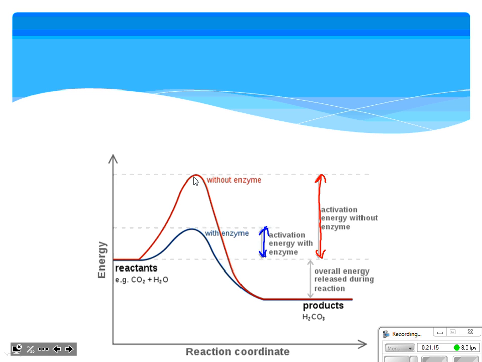Now, obviously, I don't need as much energy with the blue hill. So that's how the catalyst affects the rate of reaction. It lowers that amount of activation energy, and the reaction proceeds quicker.